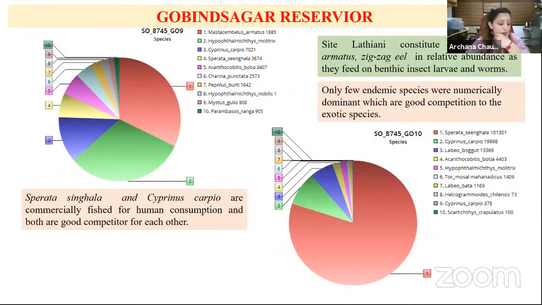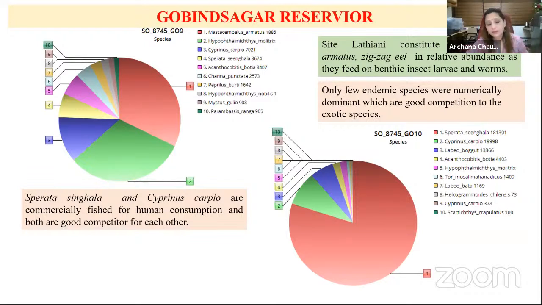Similarly, in the other two sites, site 9 and site 10, again we can see that Sperata singhala and Cyprinus carpio, the common carp, are the two fishes which were dominant.